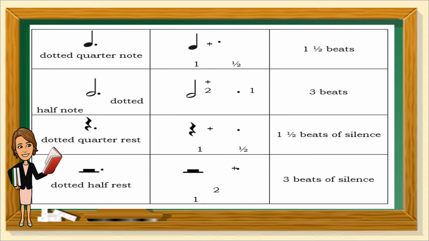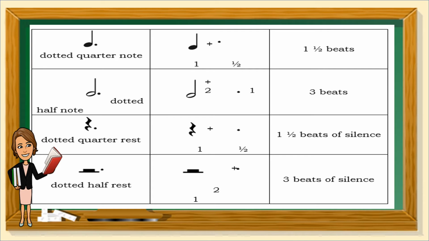Another example, dotted half note. The original value of this note is 2, and we are going to add 1 to 2 because half of 2 is 1. So the value now of the dotted half note is 3 beats.